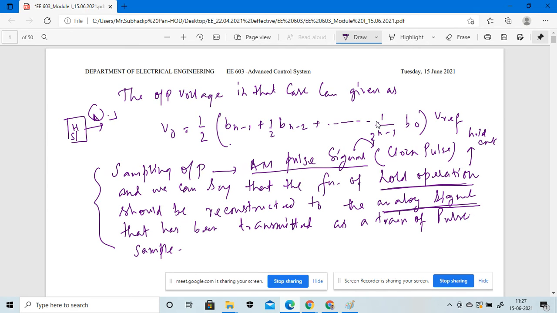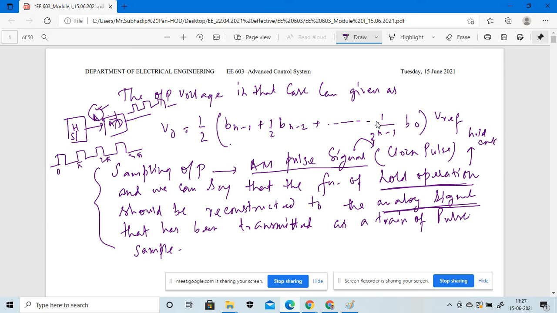Train of pulse means we are again connecting the A to D converters, which convert the analog signal to digital, and that analog signal will be transmitted through a particular pulse signal, or the train of pulse. In this particular diagram, it should be called a train of pulse, considered at 0, pi, 2 pi, 3 pi like that.